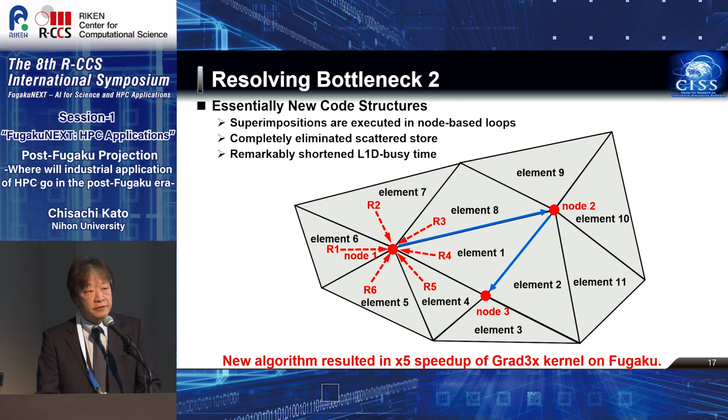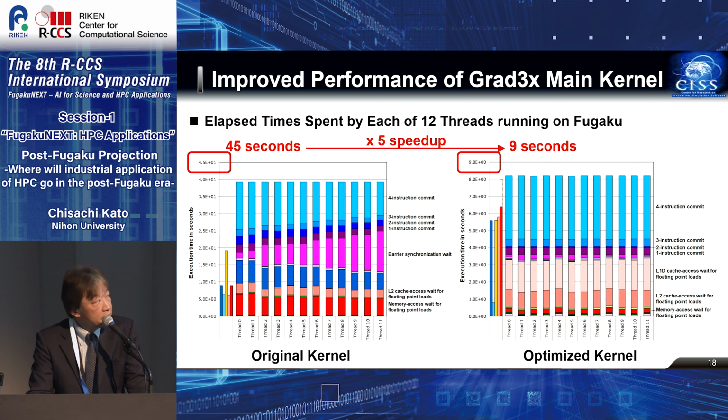The second thing is to make full advantage of the 512-bit SVE. We have completely changed our hot kernels. FFB is composed of 4 hot kernels, and the result is as follows. Only by changing the kernels, we have obtained a 4-5 times increase in performance, excluding the hardware performance improvement.